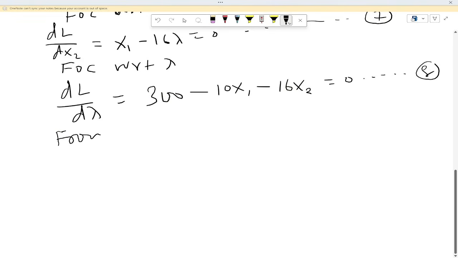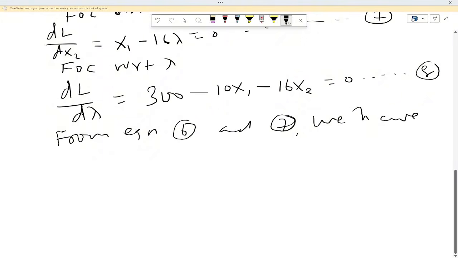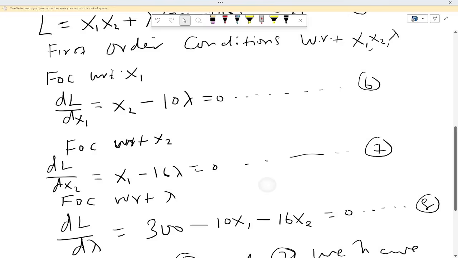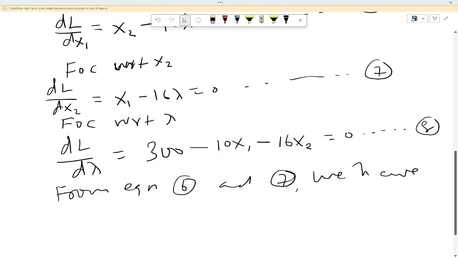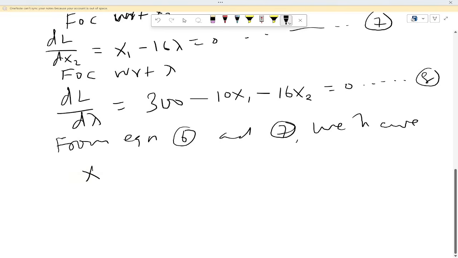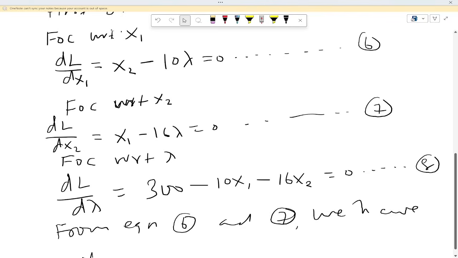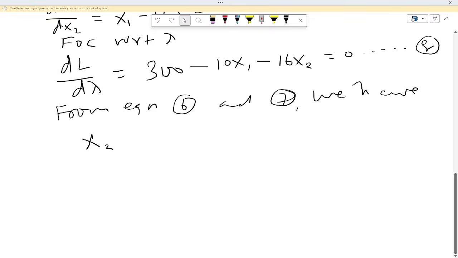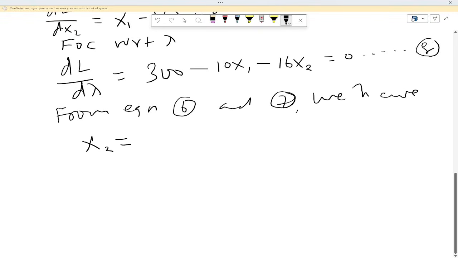From equation 6 and 7, we have x2, instead of minus 10 lambda, you move 10 lambda to the other side of the equation, becoming plus.